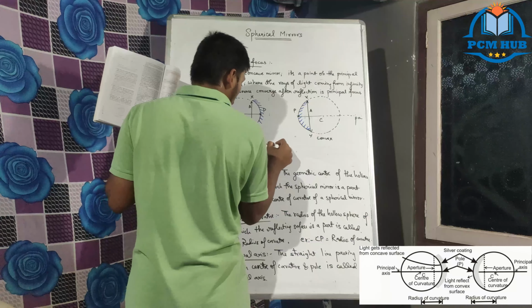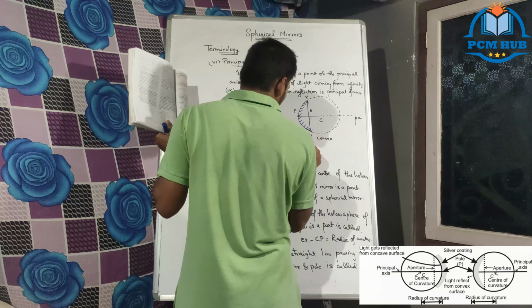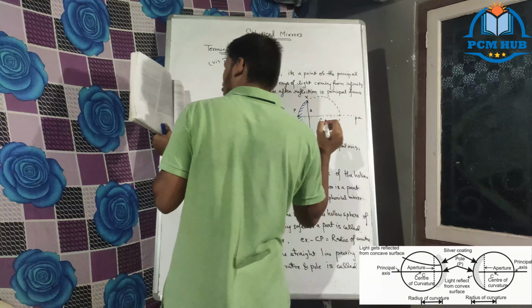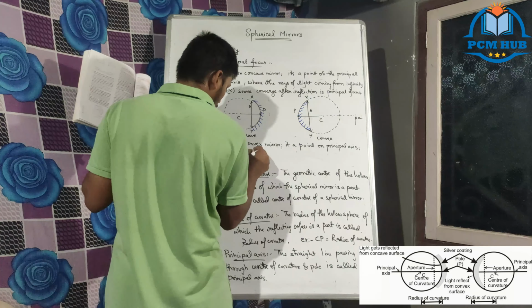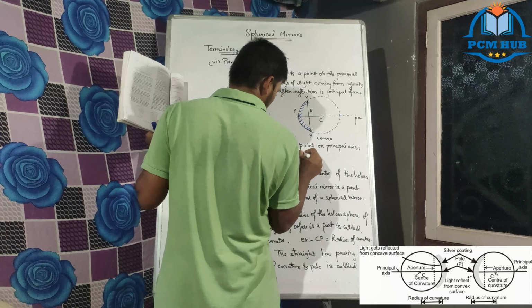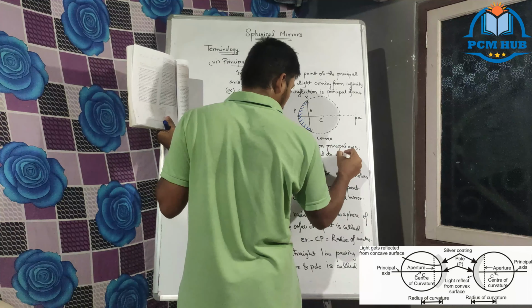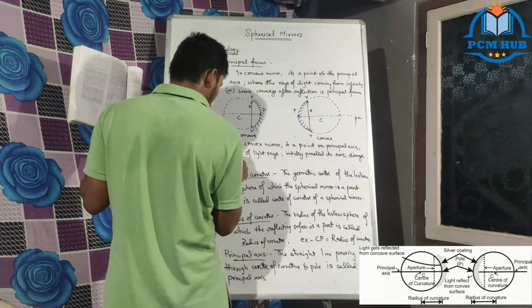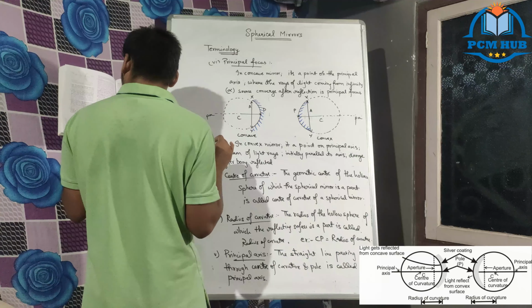In convex mirrors, it is a point on the principal axis only, where a beam of light rays, initially parallel to the axis, diverge after being reflected from the convex mirror.